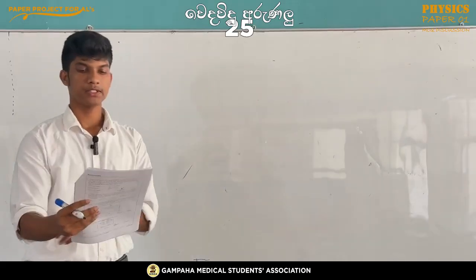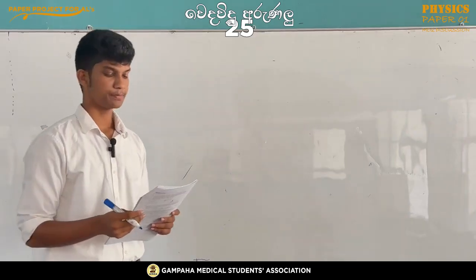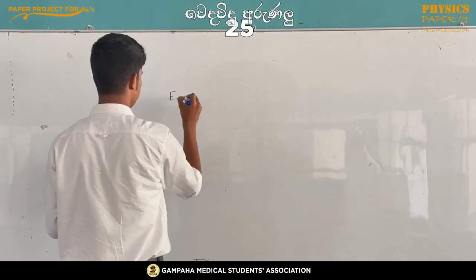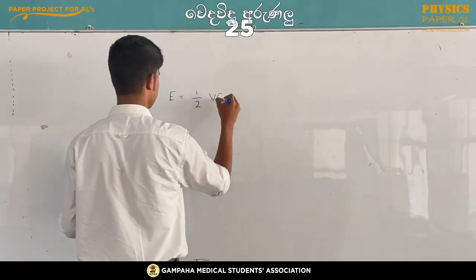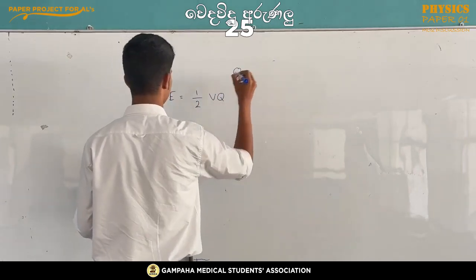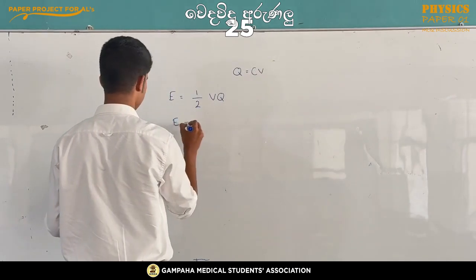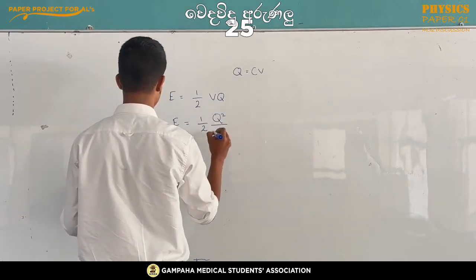The plates of a capacitor have a capacitance C and a charge Q. So then the energy here is E equals half VQ. We know that Q is equal to CV. Therefore, E is equal to half Q squared over C.